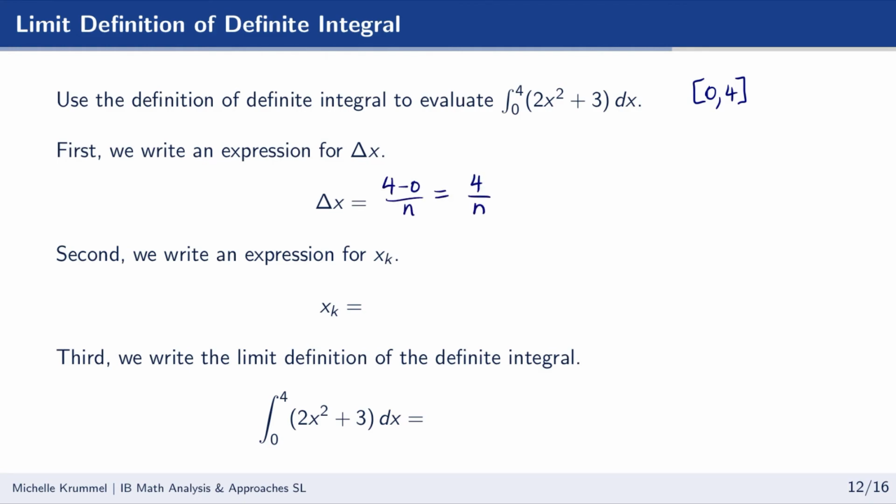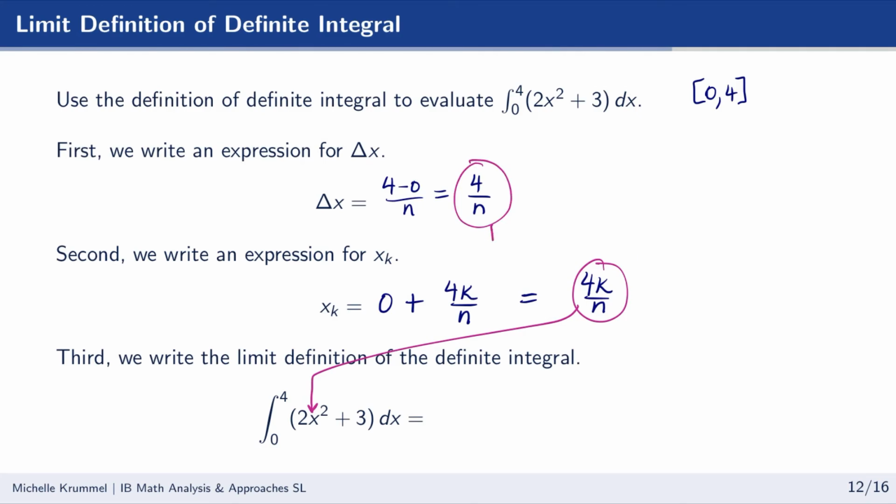That's our delta x. Then our x value is your starting value, the a value, plus k times the delta x. So 4k over n. Now we don't need to write 0 plus. We can just say that x sub k is 4k over n. Okay, so now we are going to substitute that in for the x, and we're going to substitute the delta x in for the dx.